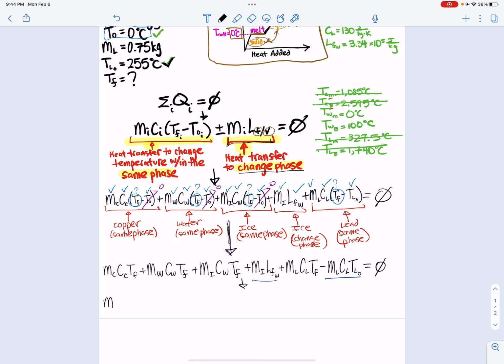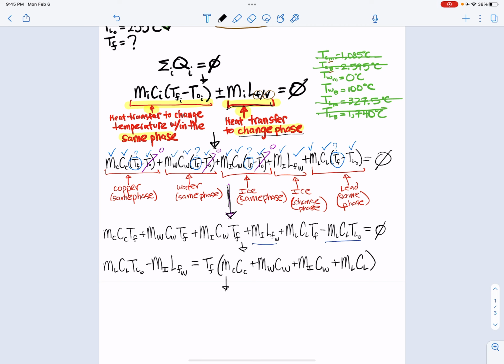So I would have mass of lead, specific heat of lead, times the initial temperature of lead, minus mass of ice times the latent heat of fusion for water, is equal to the final temperature times mass of copper times specific heat of copper, plus mass of water times specific heat of water, plus mass of ice times specific heat of water, plus mass of lead times specific heat of lead, okay?